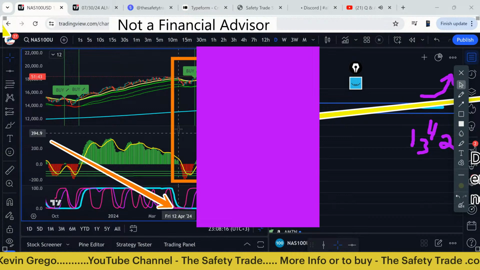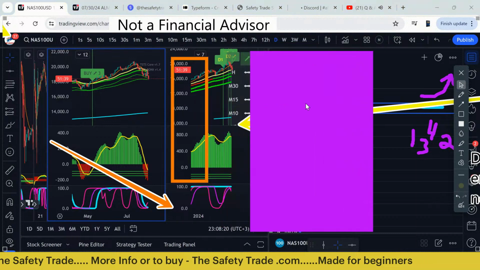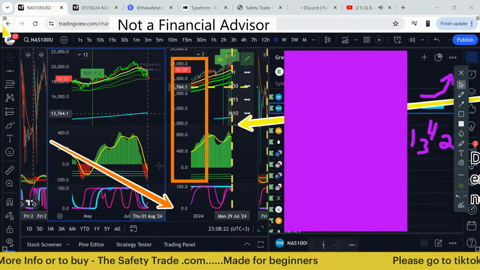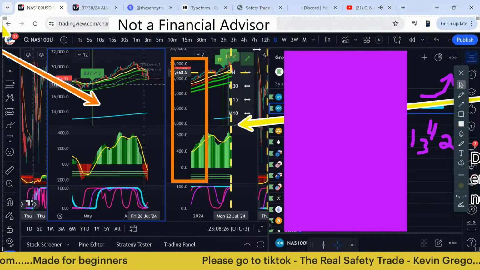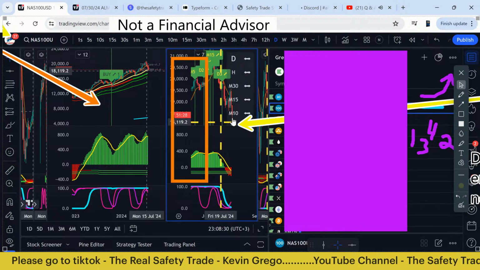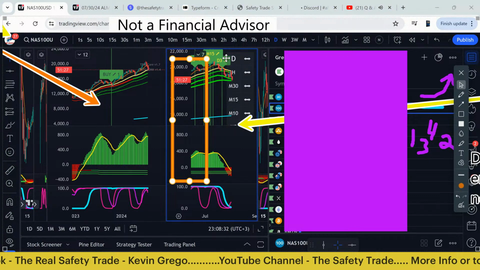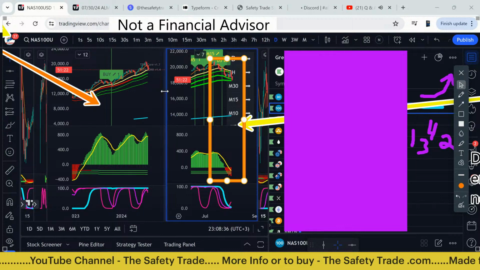So let me show you how this looks on the two charts you're supposed to have open. On the left, we have to change this to weekly. On the right, we're going to go to daily. It's going to be the same thing. So watch. Right in here is what we're looking for.